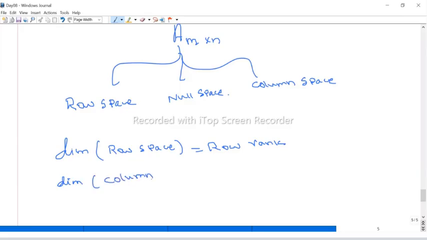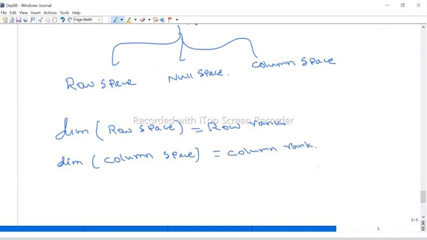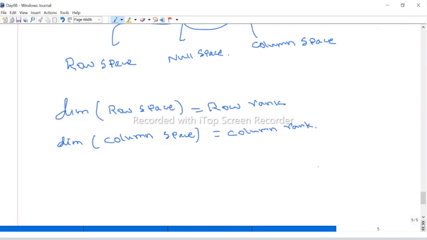The column space is a subspace, so we can talk about the dimension. So the dimension of the column space we define as the column rank. That is the definition for column rank. Okay. And then the dimension of the null space we define as the nullity. So the dimension of the null space is nothing but the nullity.